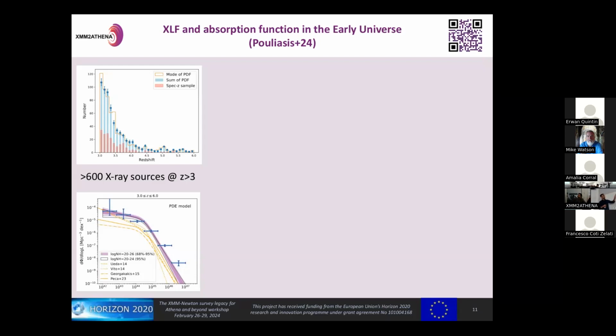We also used the same spectral analysis fitting simultaneously for all the sources. We included all the photometric redshift information. So we have a very good XLF. However, at the bright luminosities, we are lacking sources, so we need even larger areas to trace these sources there.